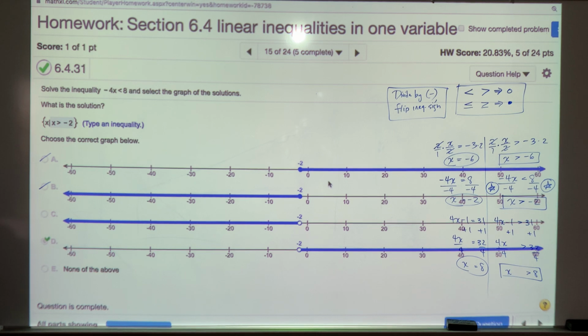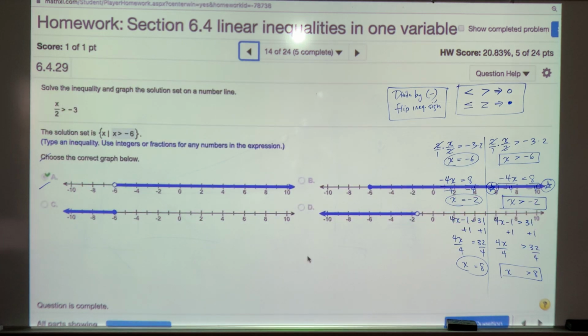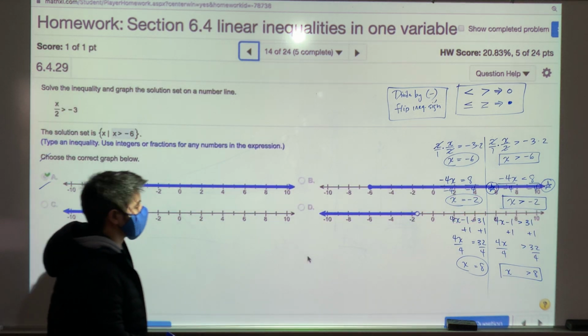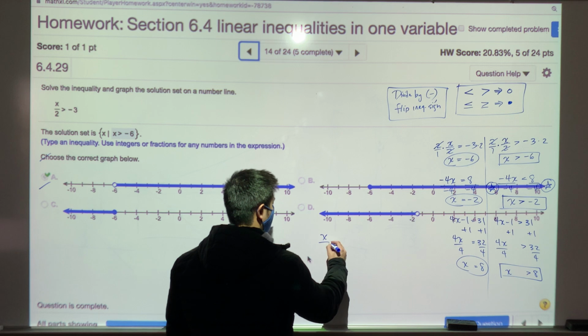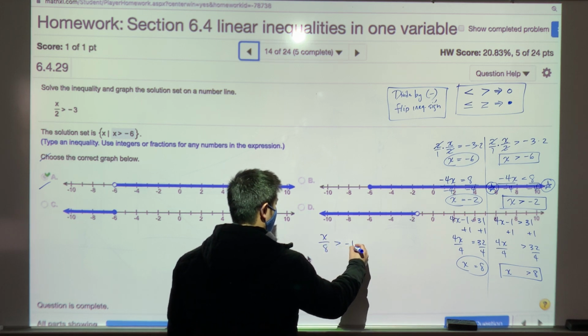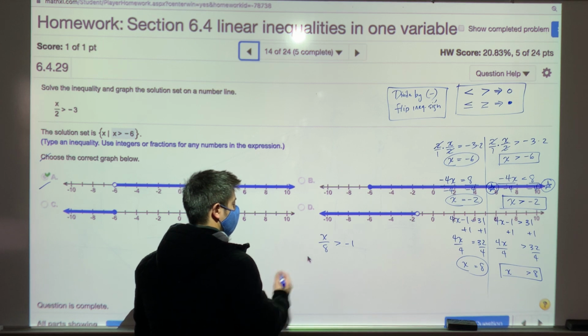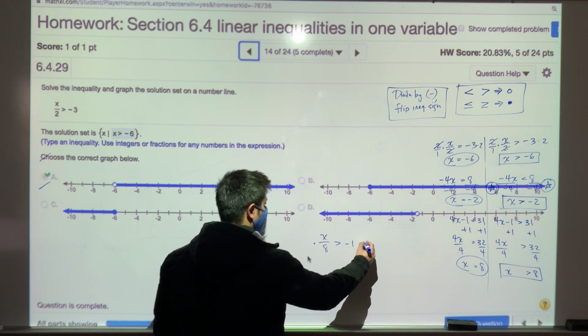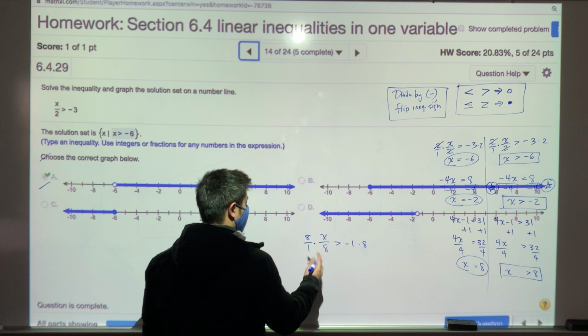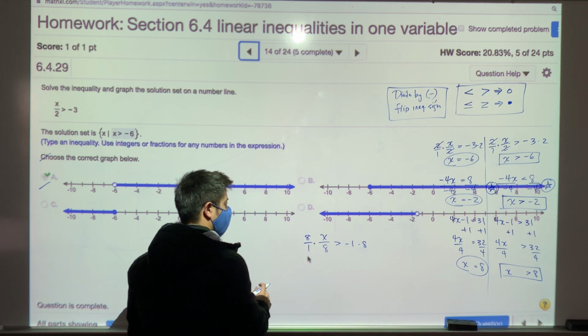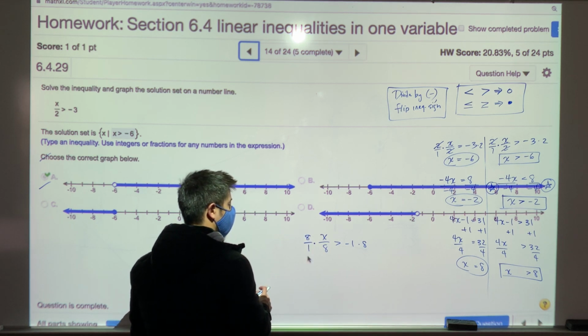Can you help me with the last one? The one before? Yeah. Sure, what's yours? X over 8 is greater than -1. Okay, what do you do to both sides? Multiply by 8. Excellent. All right, what happens to the left when you multiply by 8? 1x.